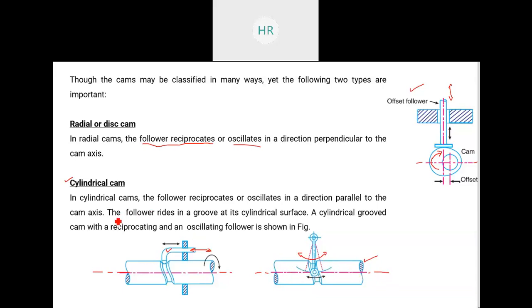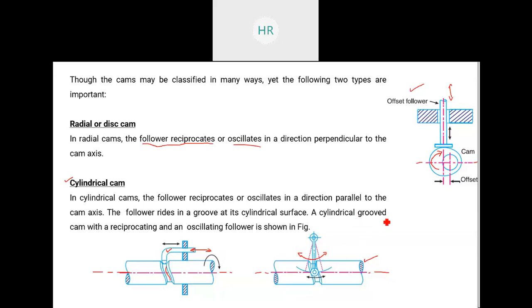So the follower rides in groove at its cylindrical surface. जो हमारा कैम होगा उस पे ग्रूव्स कट किए होंगे इस शेप में. So this follower will follow the motion according to this groove. फॉलोअर है इस ग्रूव के अंदर मूव होगा और अकॉर्डिंगली ये आगे पीछे होगा.